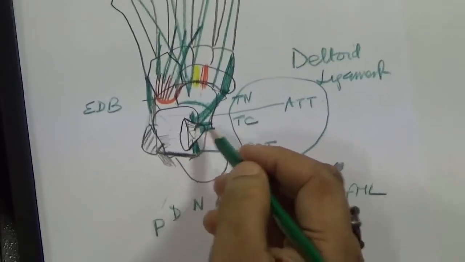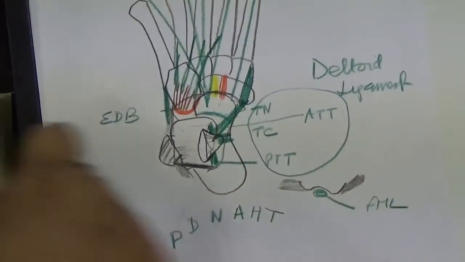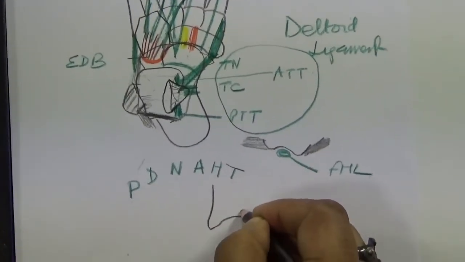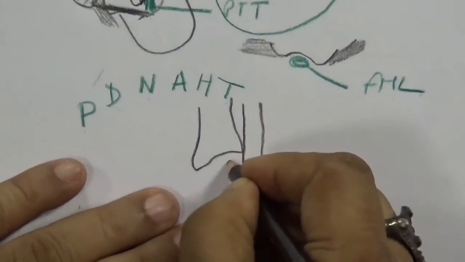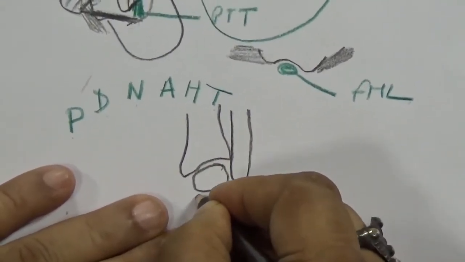Then from the malleolus, supposing we are looking at the superior anterior view, supposing this is the tibia, and this is the fibula, and this is the talus, and this is the calcaneum.